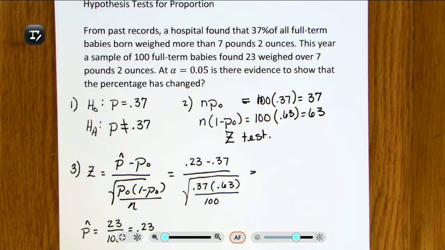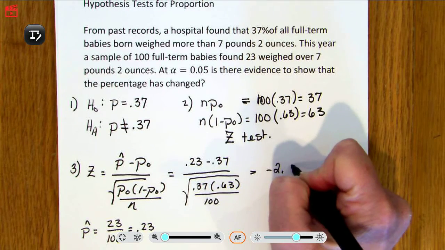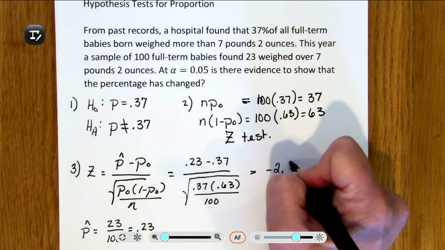So 0.23 minus 0.37 divided by the square root of 0.37 times 0.63 over 100, and I get negative 2.899, so with 2 decimals that would be negative 2.90.